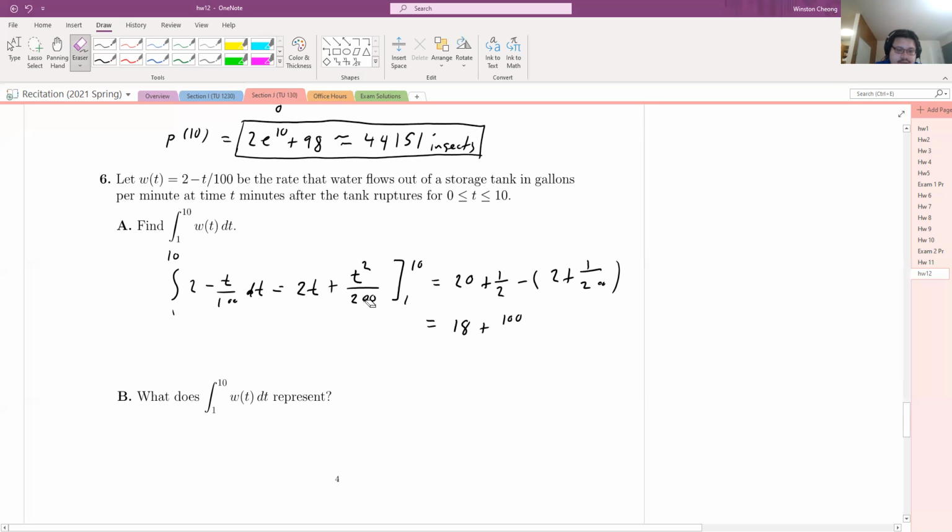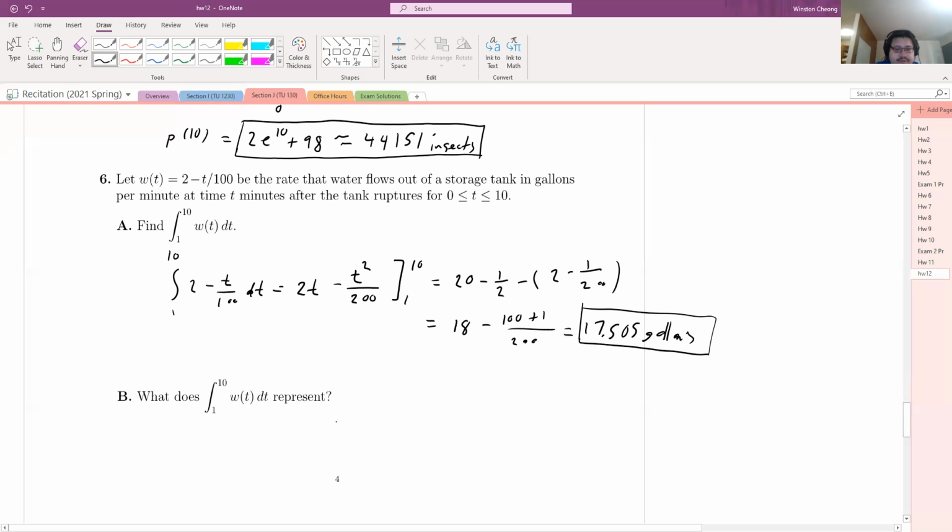Because when I integrate this, I get a minus here. So this is minus a half, and the subtraction ends up being a minus. But then this ends up being a plus 1 over 200. When you compute this, you'll get 17.505, and gallons for units.